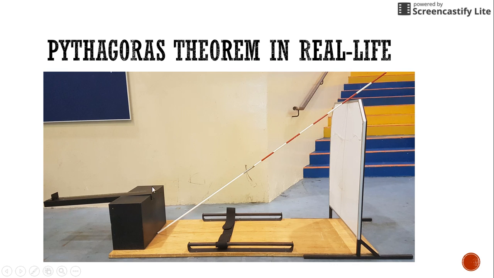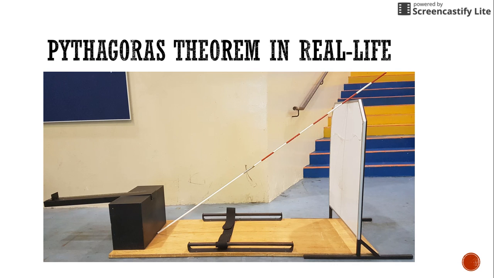The black part over here is where the ruler is, and a pole has been placed diagonally from the base all the way to the top of the backboard. Now, are you able to spot that a right angle triangle is actually evident in this setup?